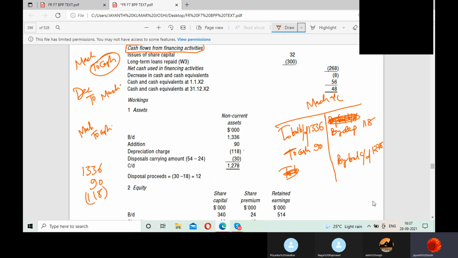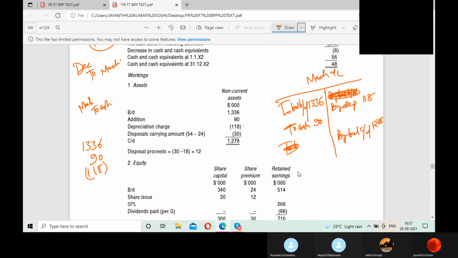So I'll just deduct. And then what is the balance you're getting here? Please tell me. Tally and tell me. It is 1246. No, it is 1336. 1336. Yeah.